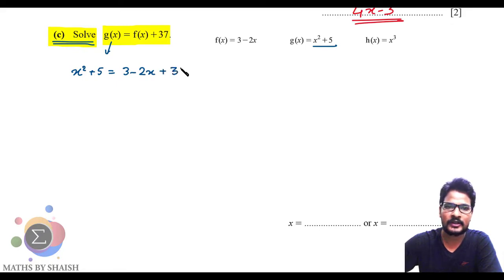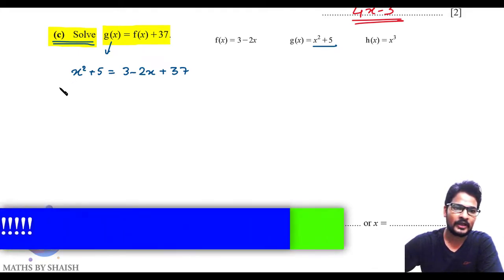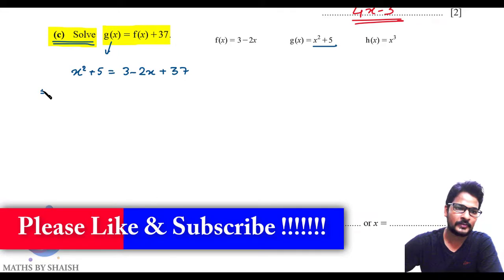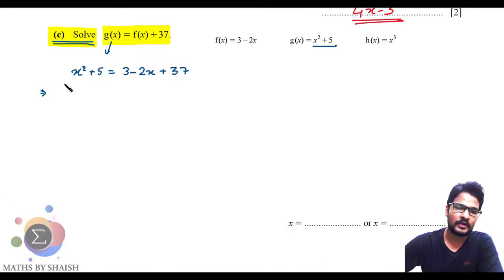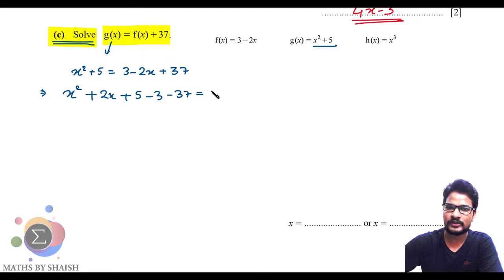Since the highest power of x is 2, it is going to be quadratic, and quadratic means we are going to express it in the standard quadratic form. That is, we will take everything together on one side: x squared plus 2x, plus 5, minus 3, and minus 37 equals 0.